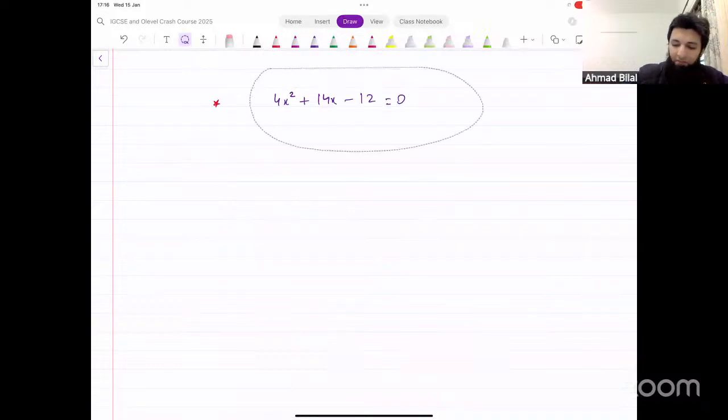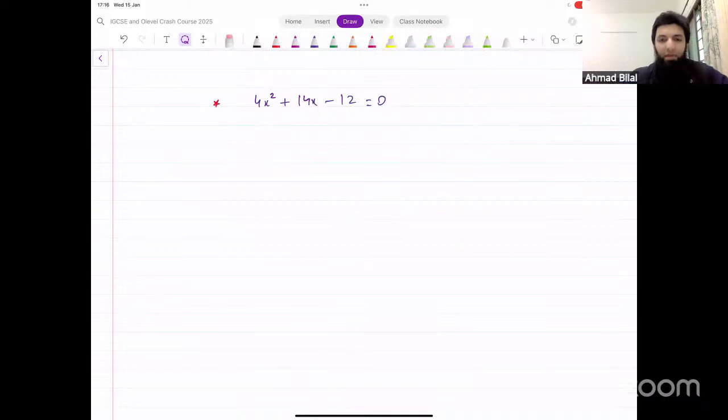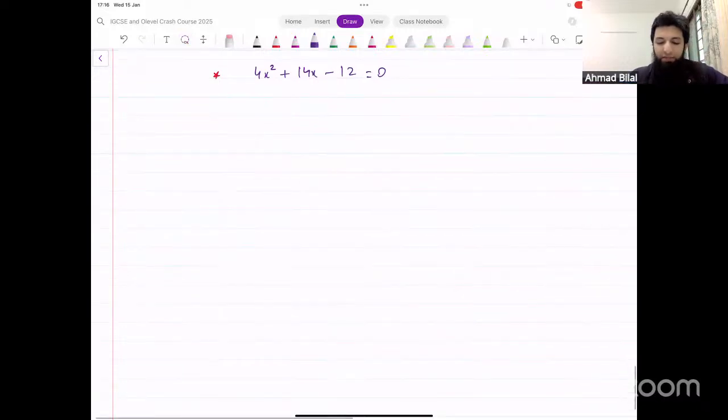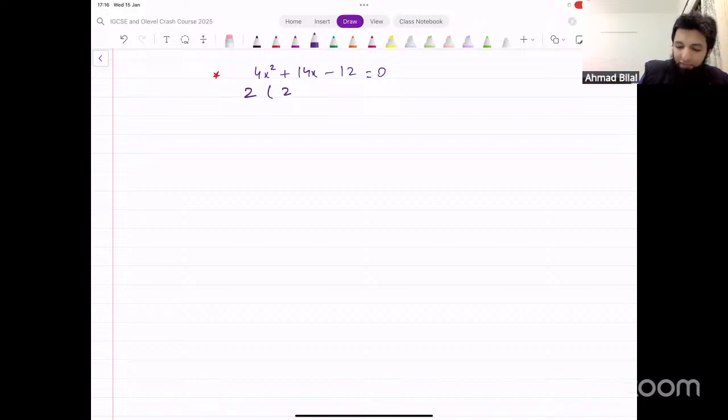We want to solve this equation now. Now, how do we solve this equation? First of all, we can see if we can factorize the left-hand side. Now, how can you factorize the left-hand side? Can you take any number common? You can take 2 common. That leaves you with 2x squared plus 7x minus 6 equal to 0.